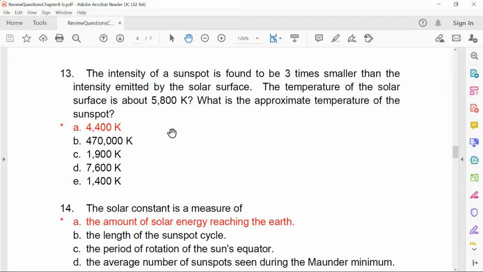It's in this equation, and you can calculate that, but we know that the surface temperature of the sun is about 5,800 Kelvin, and we know that the sunspot is lower in temperature, with about 4,240 Kelvin, which is very close to this. But this can come out of the equation, but we're not going to deal with that.